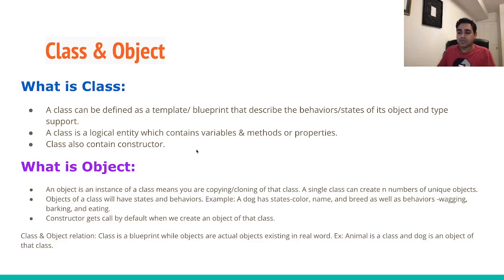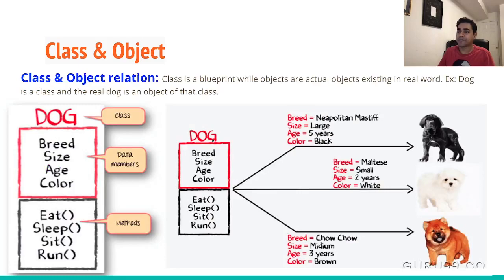And the relationship between class and object, let's see. The class is a blueprint, as we know, while objects are actual things, like the physical entity in the real world, right? Here is an example. The dog is a class and the real dog is an object of the class.